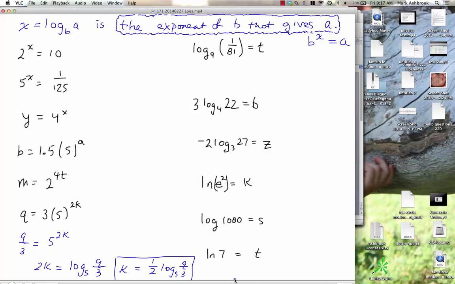Questions on that one? Okay, so what about this one right here? What do we need to do first there? Alexis, did you get this one?